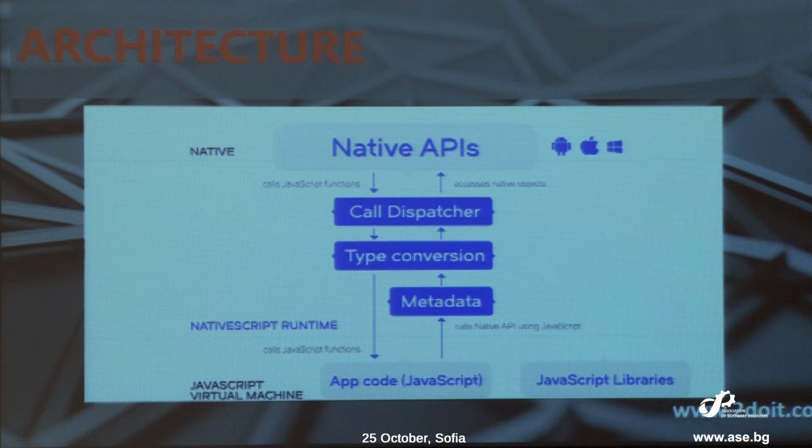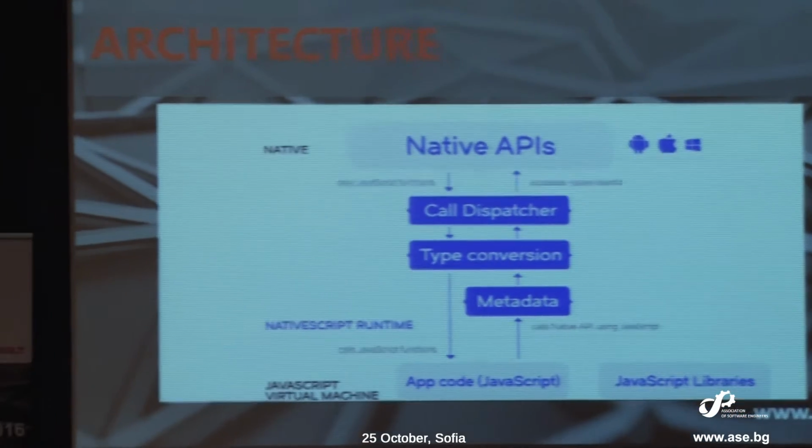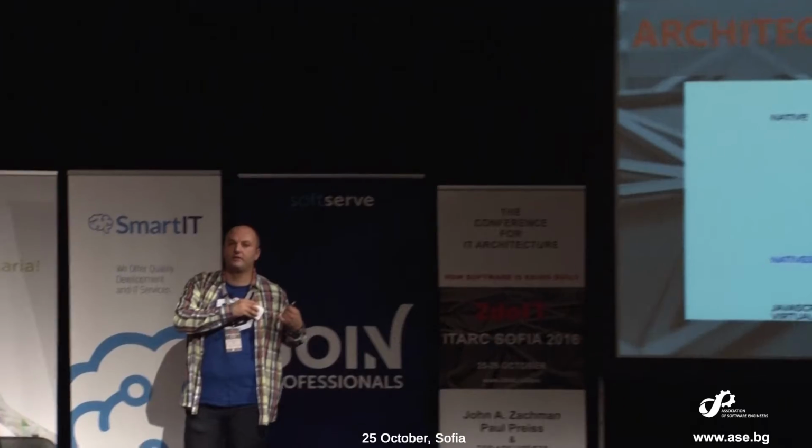You just write JavaScript code. The framework builds metadata for you automatically so that the classes that are inside the platform are available for you in the JavaScript context, and NativeScript takes care of marshalling the data between your JavaScript code and the platform itself.